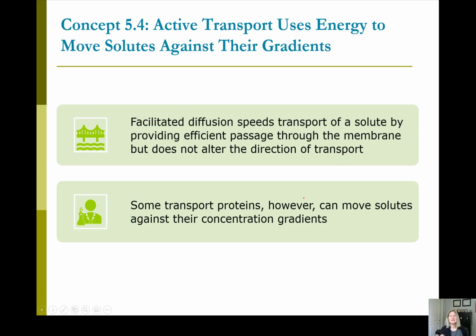But sometimes we need the opposite direction to occur. We may have solutes inside the cell that we don't want in there. We want to push them out, even though there's lots of them outside. So we want to move certain things against their concentration gradient. So instead of going from high to low, we want them to go from low to already high. And because of that, we're going to need some energy.